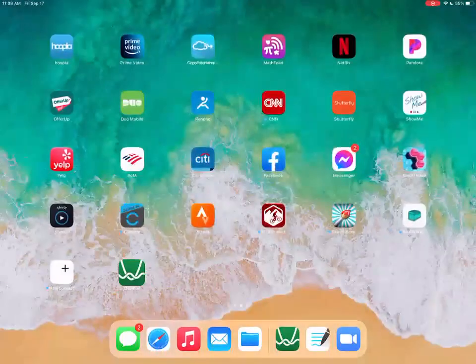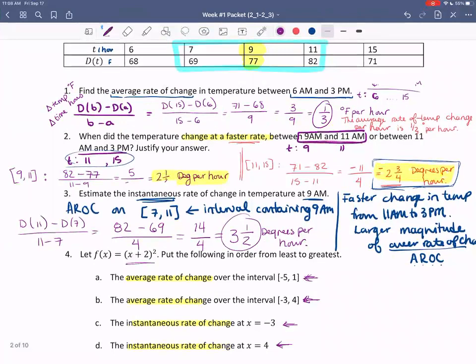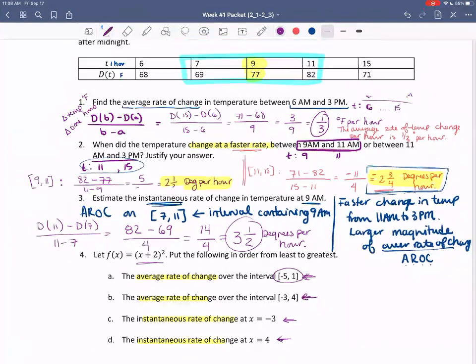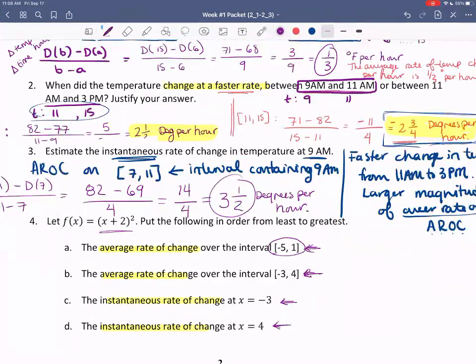So navigating back to our notes here, we want to look at the slope of the secant line above the points -5 and 1. So to do that, we want to know, well, what are the values of our function at -5 and 1? So if we plug in -5 into our function, I'll just write this out in detail here.